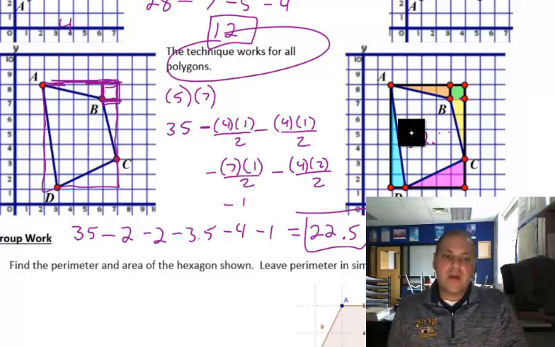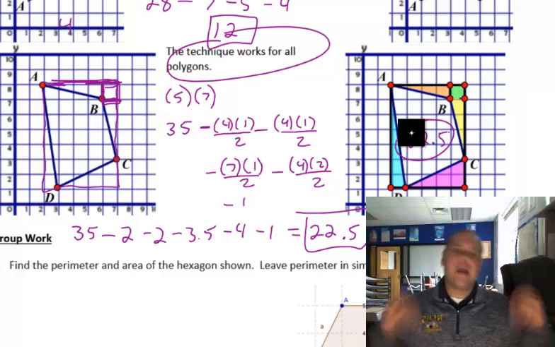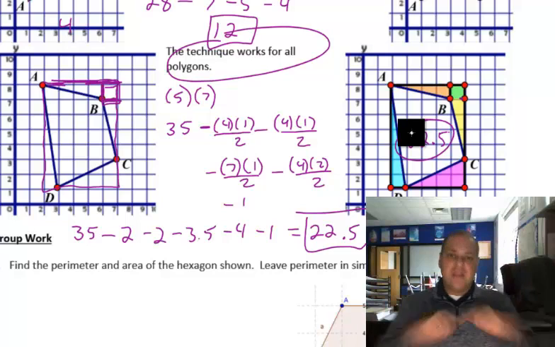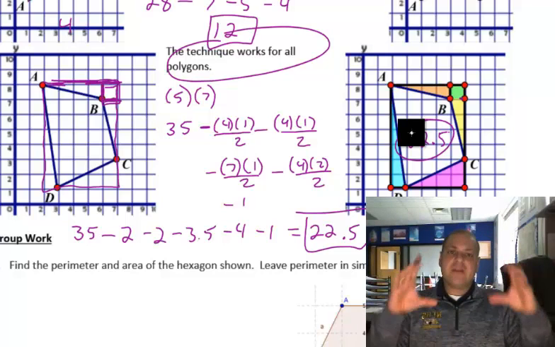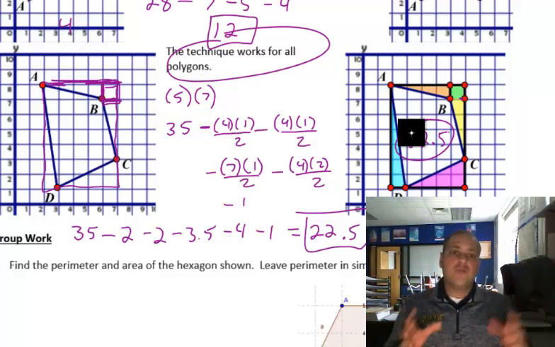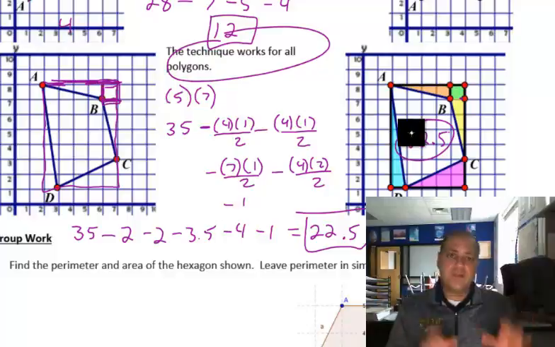And again, it wouldn't matter if it was a hexagon, pentagon, octagon, whatever, however many sides, because we're just going to box it in, do the boxed area, and subtract away all the pieces that aren't the polygon, the outside pieces. Okay?